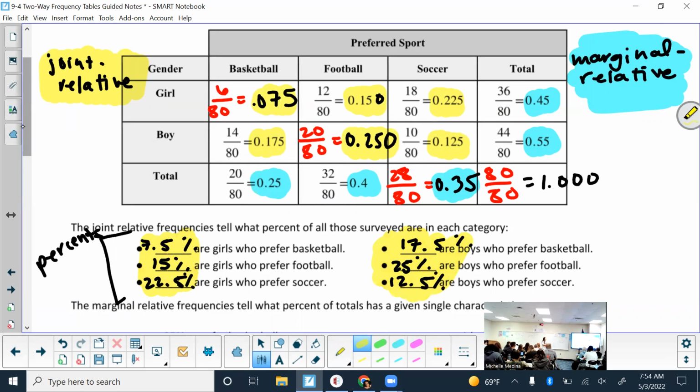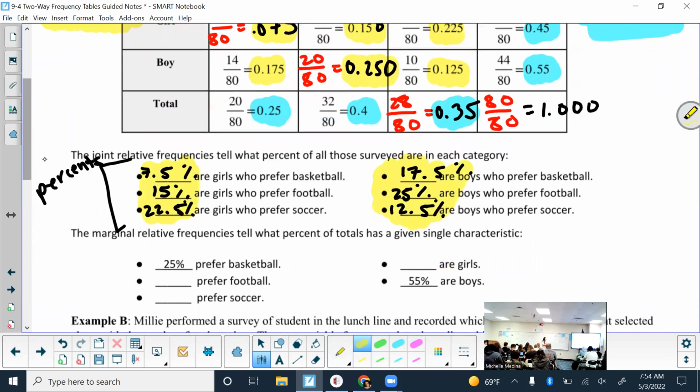All right, scrolling down. Some of this is filled in. 25% of the people surveyed prefer basketball. What percent prefer soccer? Oh, I skipped. Sorry. What percent prefer soccer? What percent prefer football?